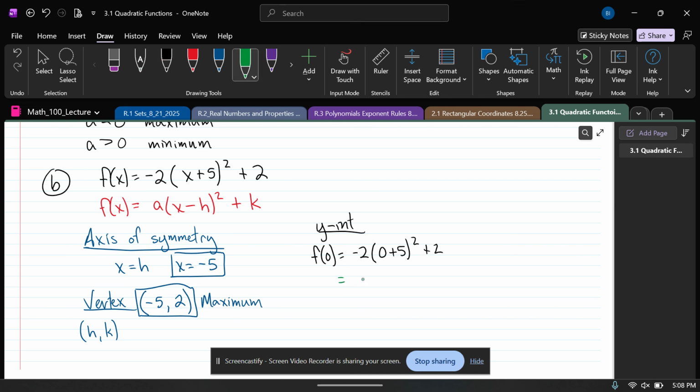So that's -2 times 5 squared +2. And then after parentheses, it's exponents. So I'm going to square the 5. So that's -2 times 25. And then that's going to be -50 plus 2. So the y-intercept ends up being 0, -48.